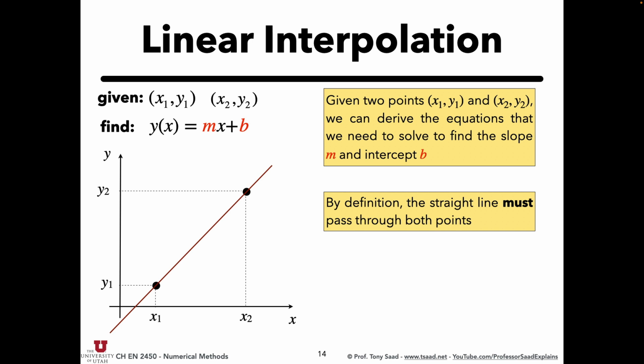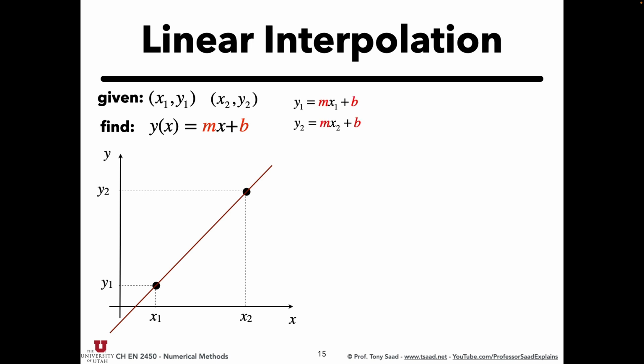How do we get those 2 equations? We kind of did that, but indirectly. You already have information about the first pair and the second pair, and because the straight line must pass through those 2 points, we can simply evaluate that equation at those 2 points.